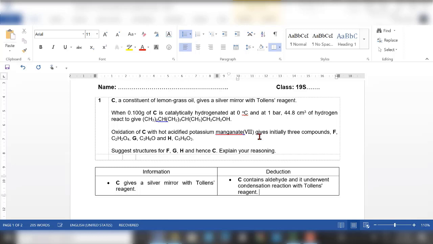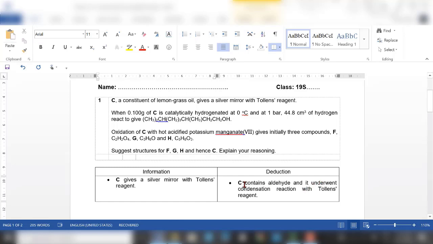Okay, so some of the things that you might want to take note of for deduction would be you can think about the possible structural features, and you can also think about what's the type of reaction that C undergoes. Okay, then moving on, the second piece of information, it's not very useful for us here if you realize.